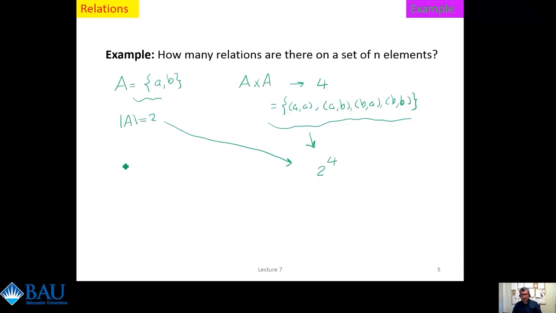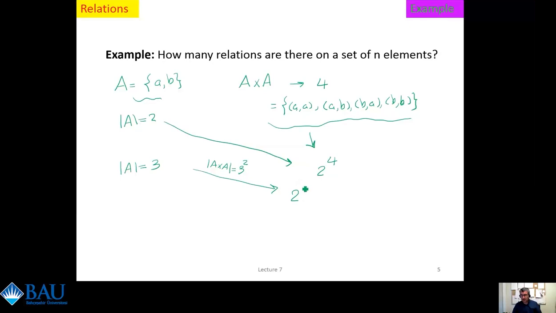Let me say that if A has 3 elements, how many relations can you define? At first you have to define the Cartesian product. How many elements do we have in the Cartesian product? 3 squared, which means 9. How many relations can we define? 2 to the power 9.